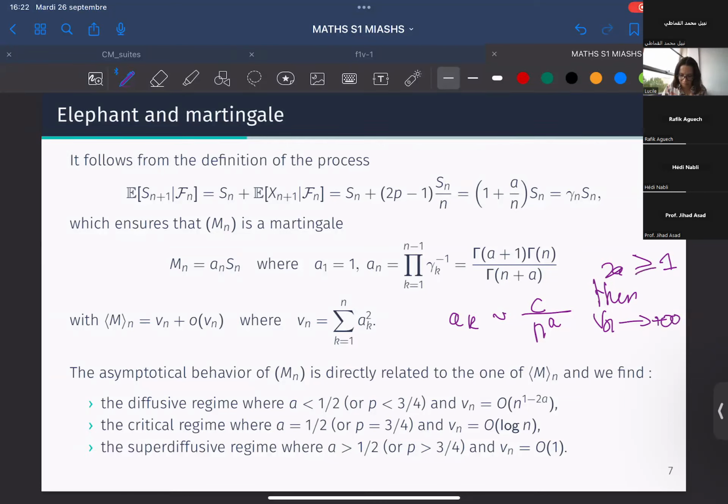And when 2a is smaller than 1, then Vn converges. Yeah. Thank you.